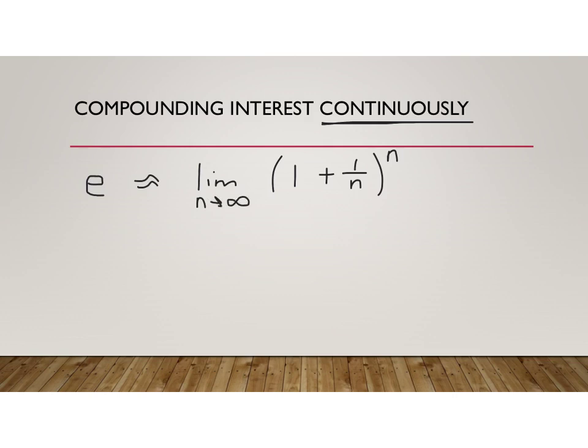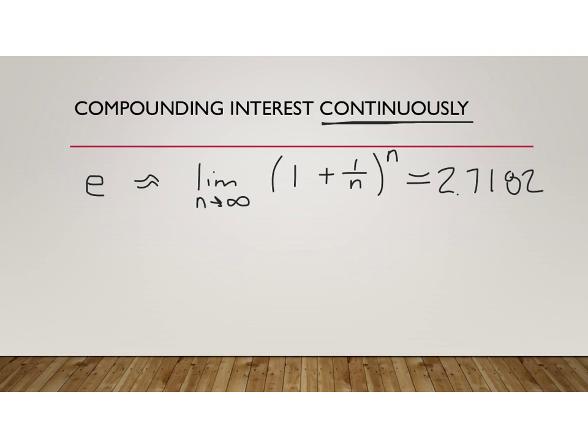So if you keep putting in a larger and larger value for n here, it would give you something very close to e, which is 2.71828. This is the reason why when you compound something more and more times per year, you really can't get filthy rich. There's a limit to it.